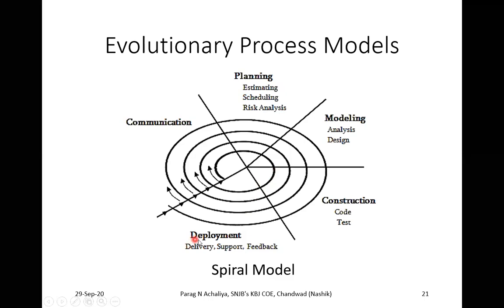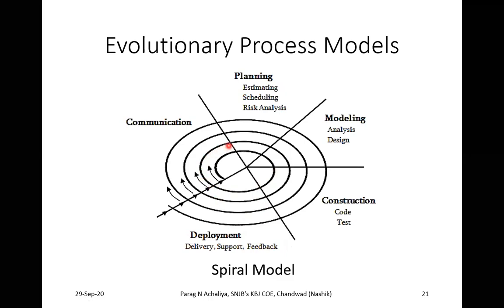Then there will be the deployment of the system from the development team to the customer end. Then there will be the delivery, support and feedback, which take place from this to this. On the basis of feedback, if the customer gives feedback that we are facing this and this problem, the feedback will be communicated to the team.